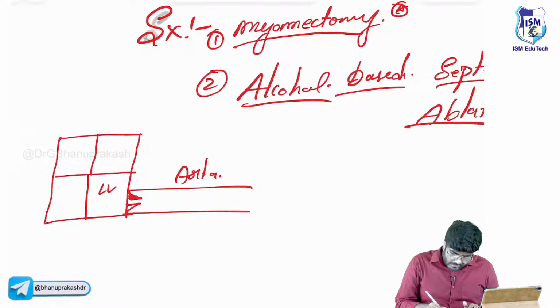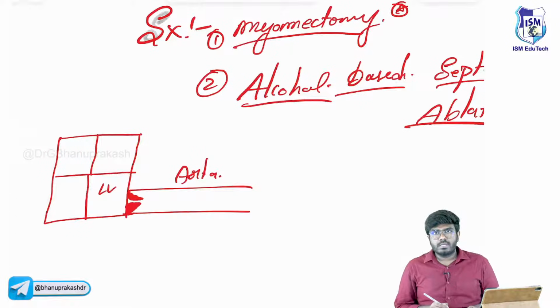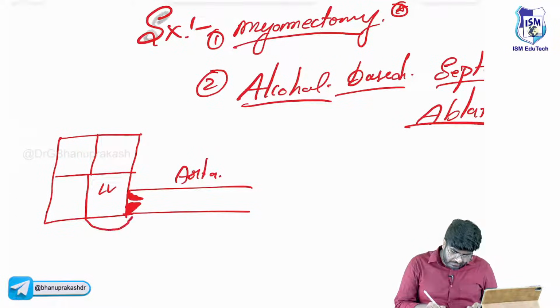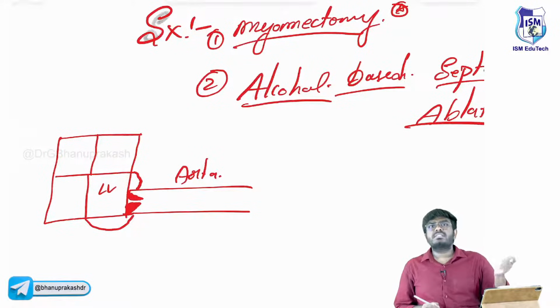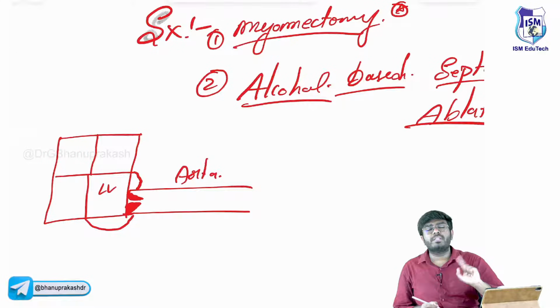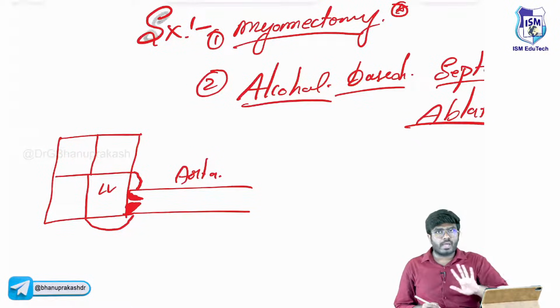Now if the aortic valve is stenosed, aortic stenosis, even in this condition the left ventricle will become hypertrophied. Left ventricular hypertrophy will occur. But this is not hypertrophic cardiomyopathy. Hypertrophic cardiomyopathy is seen in the absence of all these valvular lesions, no hypertension, no such problems.